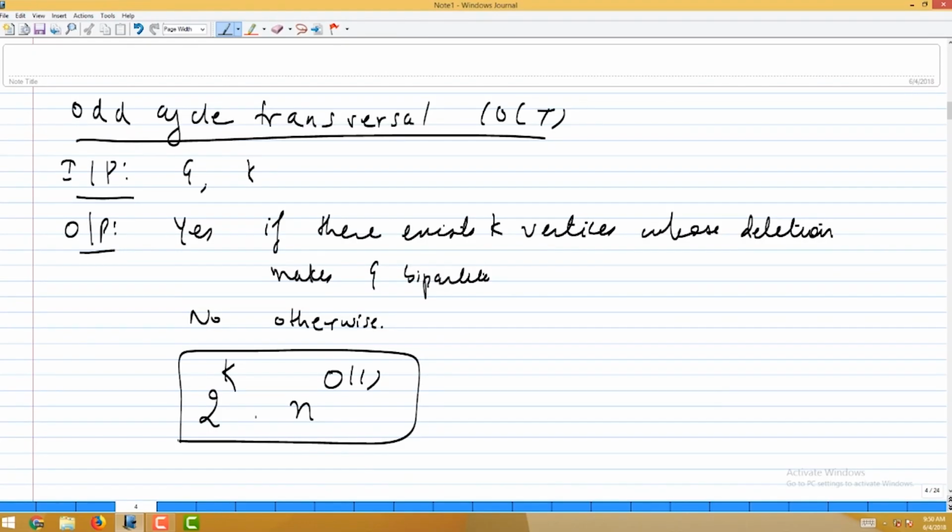Here the parameter is nothing but the solution size. If I give you such an algorithm for odd cycle transversal, and you're looking for an odd cycle transversal of small size, this is indeed a very good algorithm.